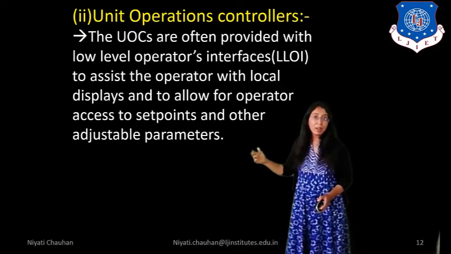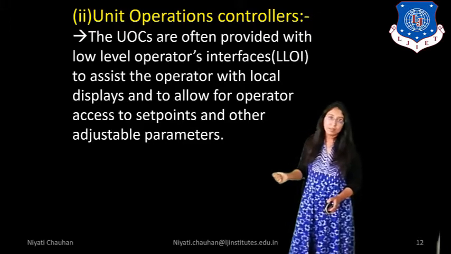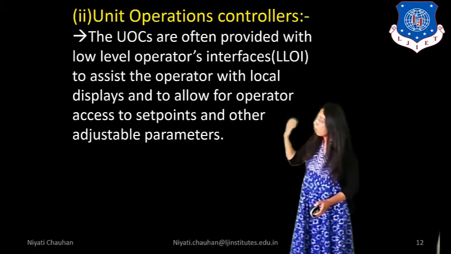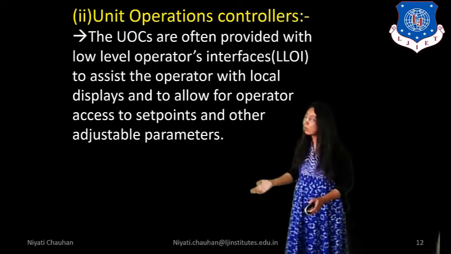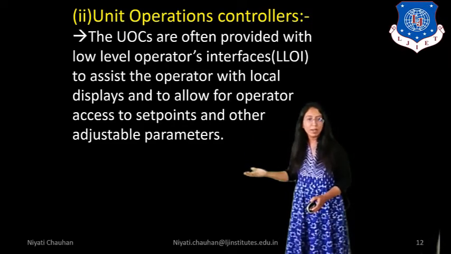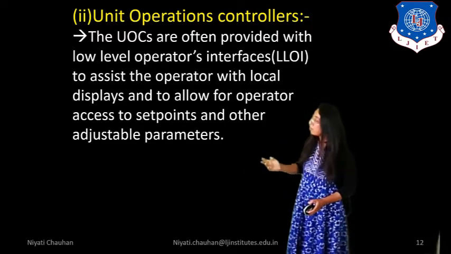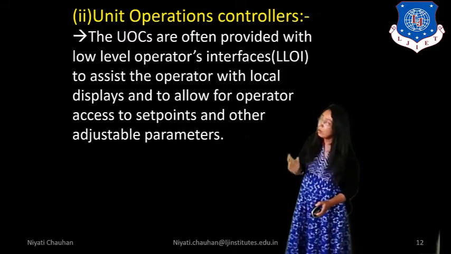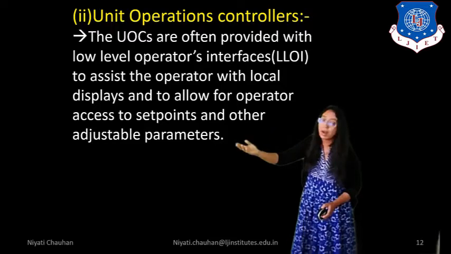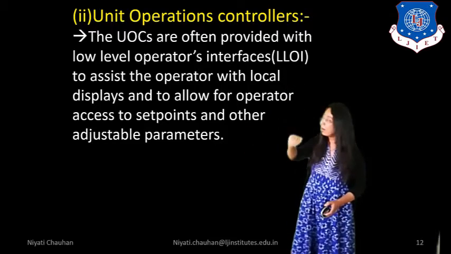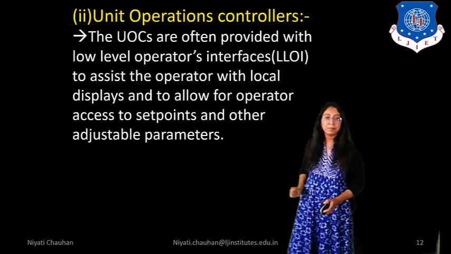I have discussed it earlier. So in the unit operations controller, we can change set point and process value, and this is one part of the local control unit. And the local control unit is also part of the low-level operators interface.